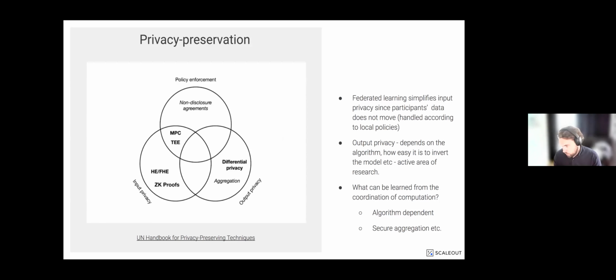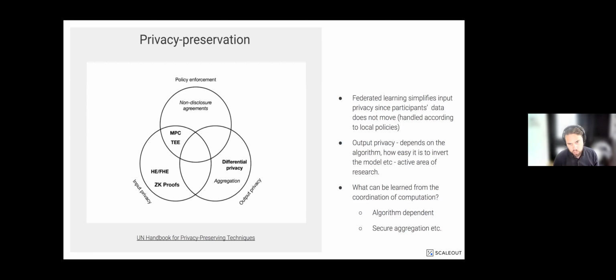Coming to privacy preservation, that's of course a large field that you can look at from different angles. And typically we talk about input privacy, which is essentially about the privacy, in the machine learning context, of the training data, the data that goes into the algorithm.